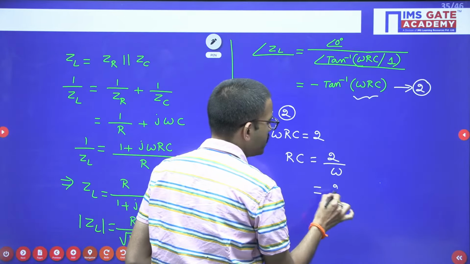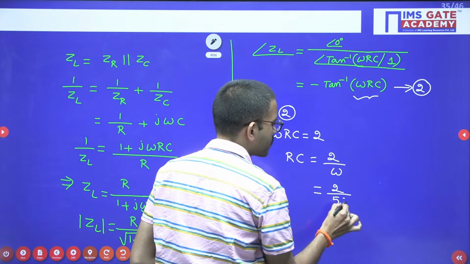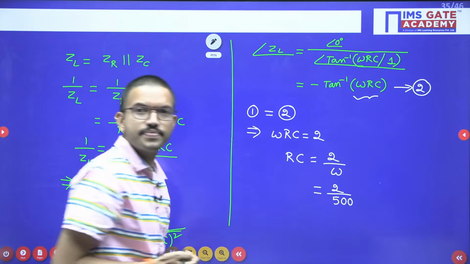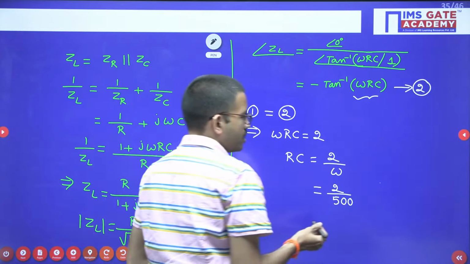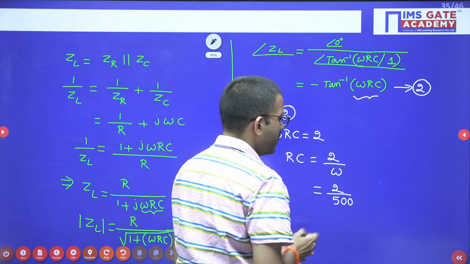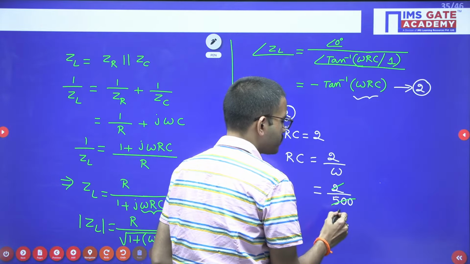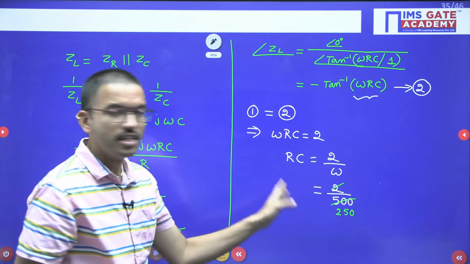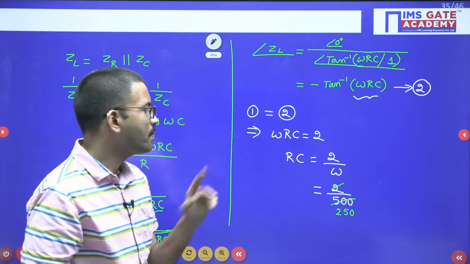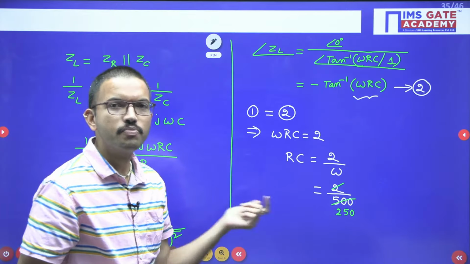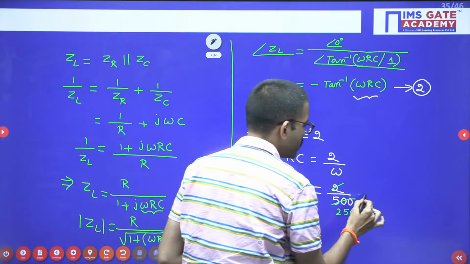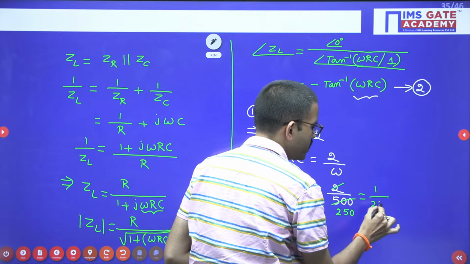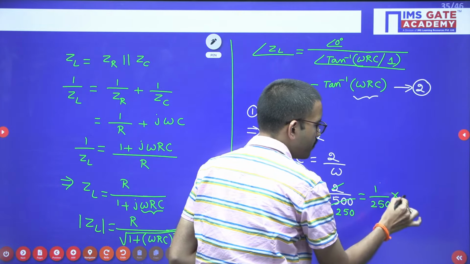So 2 divided by 500. Now, 2 divided by 500 is 1 by 250. If you simplify, you will get the answer in the order of seconds. But in the question they are asking in the order of milliseconds. So what you can do is, whatever value you got here, multiply and divide by 1000.